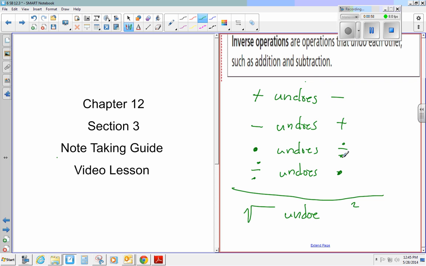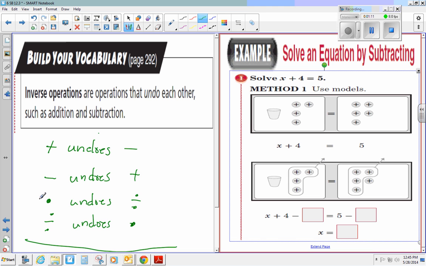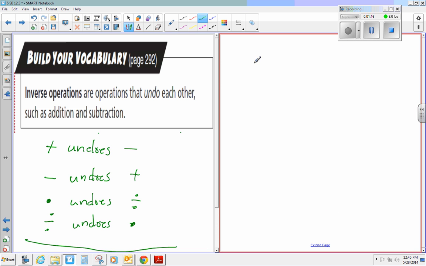Right? Whatever operation you have, there's an inverse operation that undoes it. So addition, subtraction, they undo each other. Subtraction, addition, it undoes one another. And what we're going to be trying to do in solving addition equations is we need to isolate the variable.